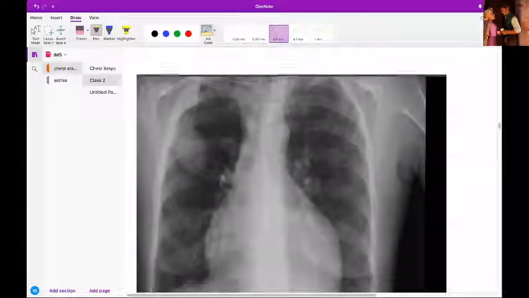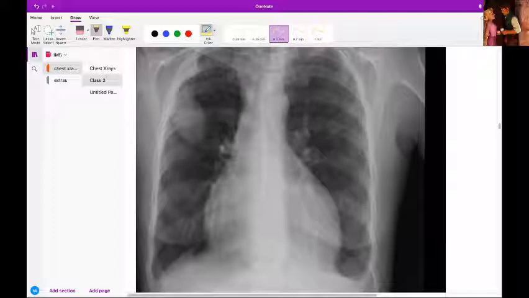Okay, now what's this one? Apart from those, the pathology. Right upper lobe is correct. What do you see?